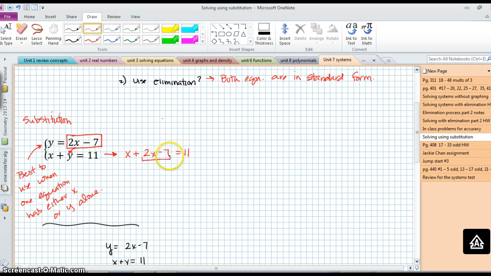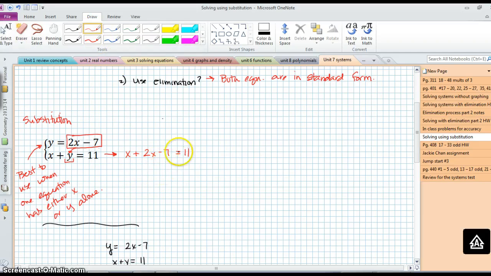So we put all of this in place of that y. Instead of the y, it's like we pitched the y out of there and we replaced it with 2x minus 7. The benefit of that is now you have an equation that just has x, and now you can solve that.